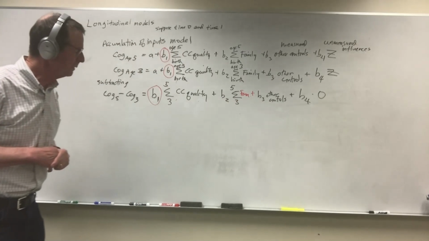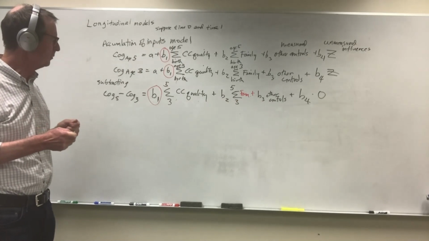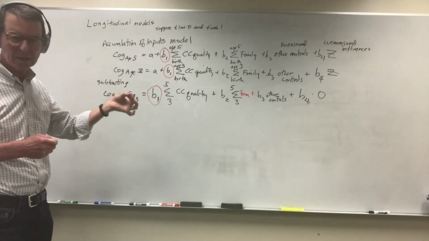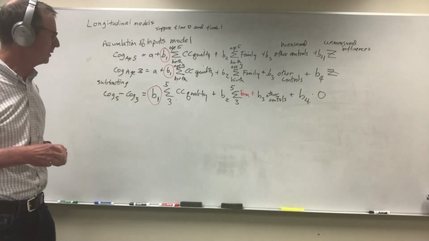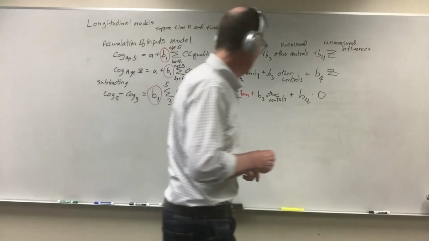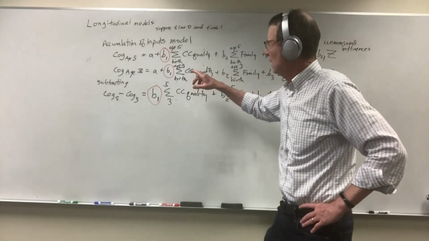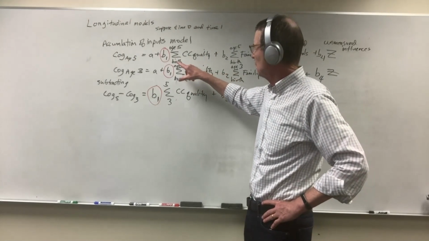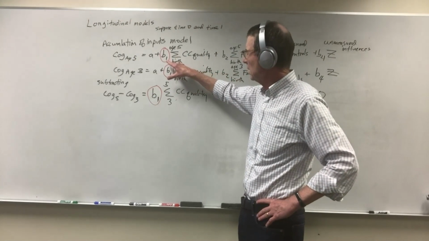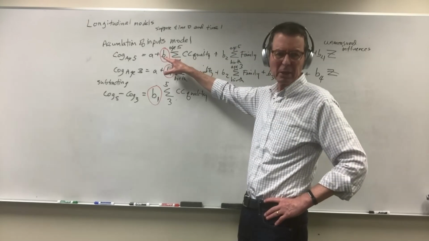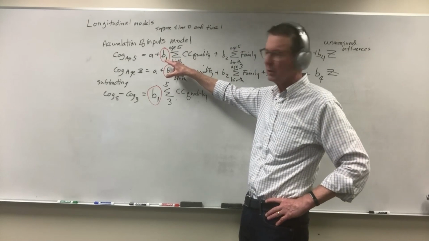In the model section, there's another wrinkle that is probably too much of a complication to talk about here. But suppose that childcare quality becomes more important later in early childhood, right?